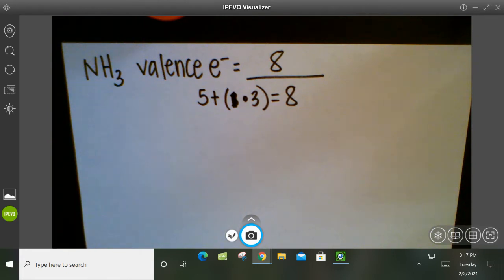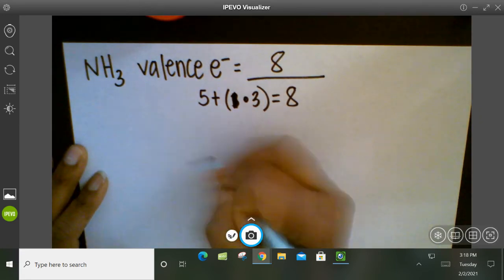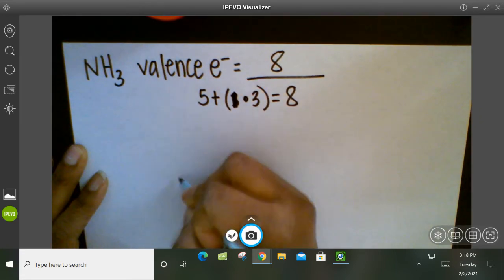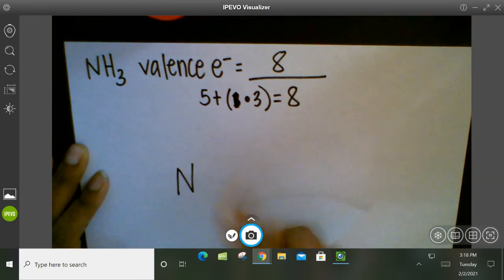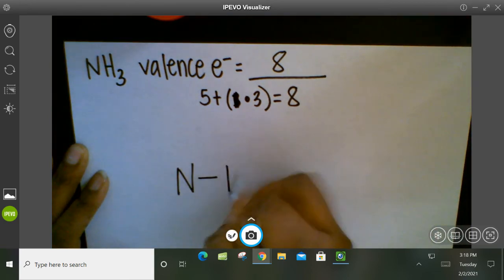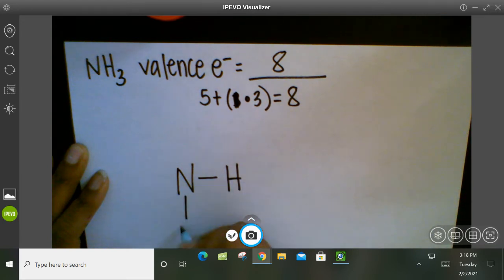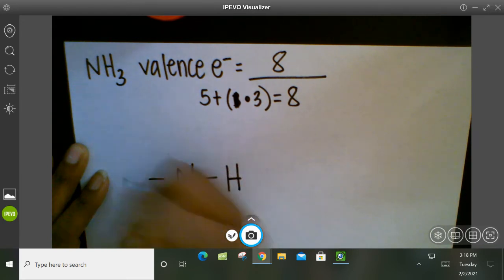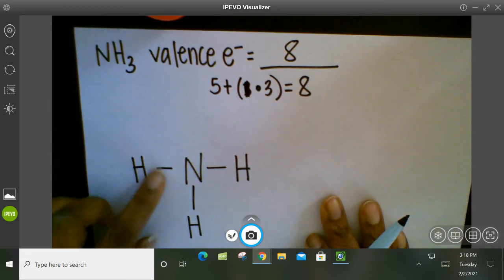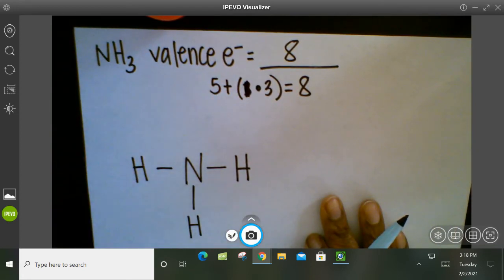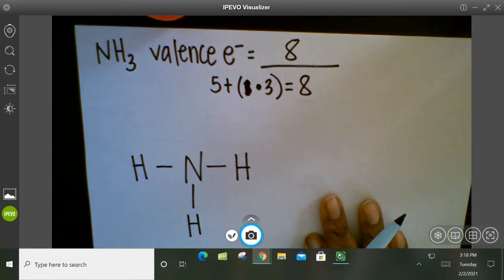Hydrogen cannot be in the middle, but nitrogen can. So I'm going to put my little N here. And now I'm going to connect those 3 hydrogens to the nitrogen. When I do that, I have 2, 4, 6. I've used up 6 of the 8 valence electrons that I have.